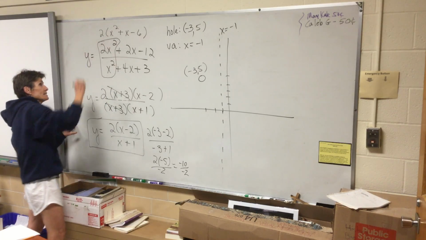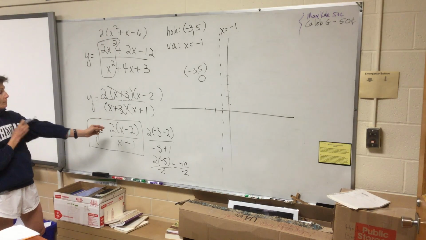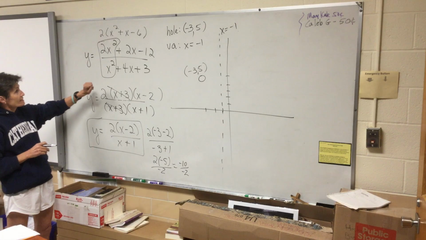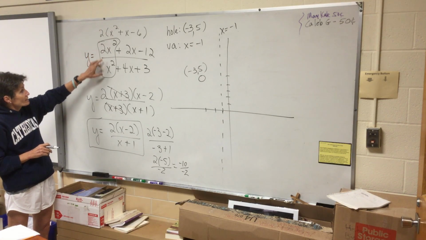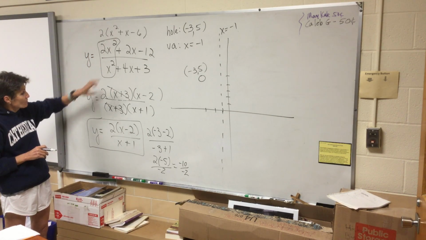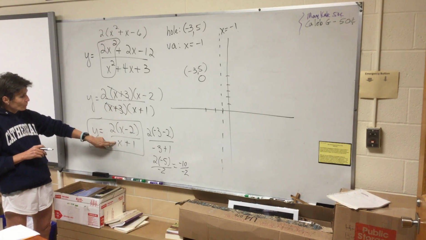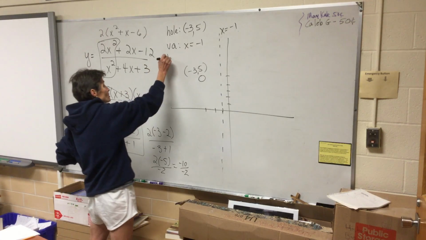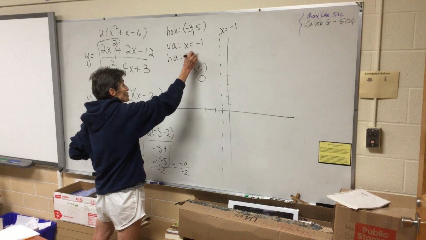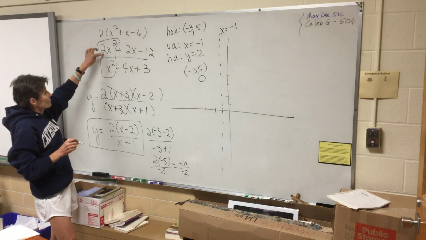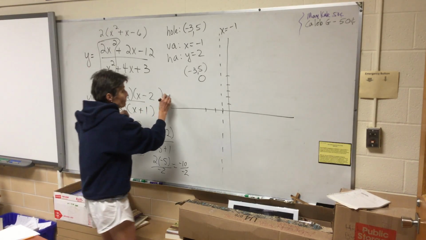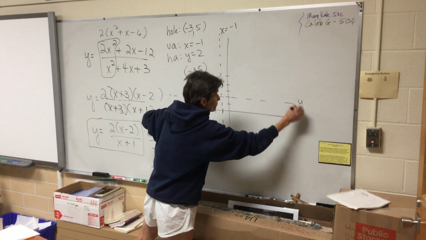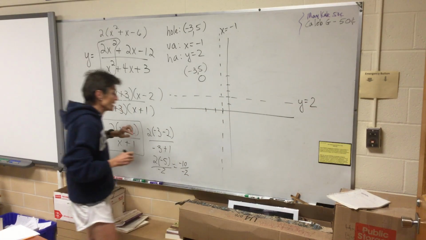A lot of times it's easier to look at the original problem for your horizontal asymptote. So we got 2x squared over 1x squared, or we have 2x over x. It doesn't matter, you can look either place. Your horizontal asymptote is going to be y equals 2. Box them in, 2 over 1, 2. That's my horizontal asymptote.